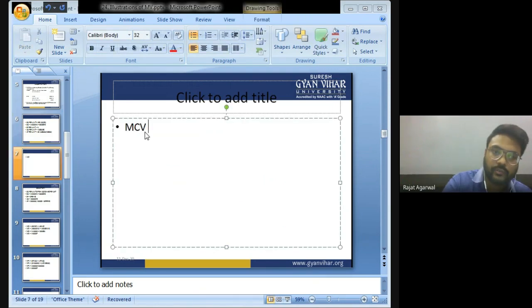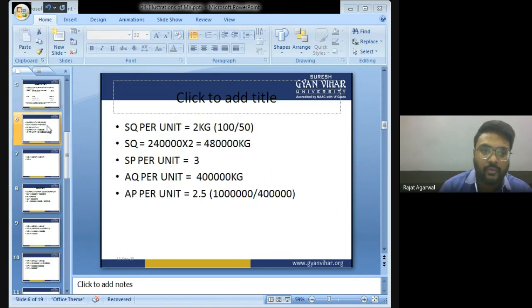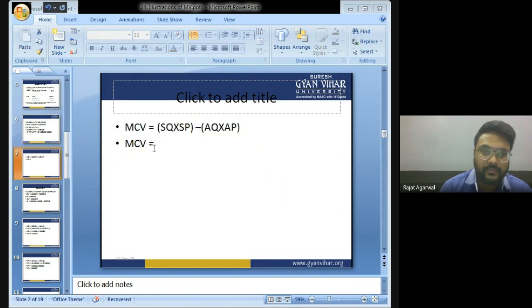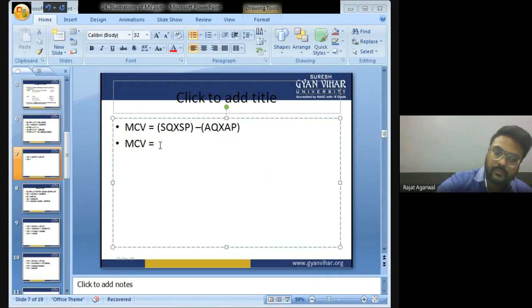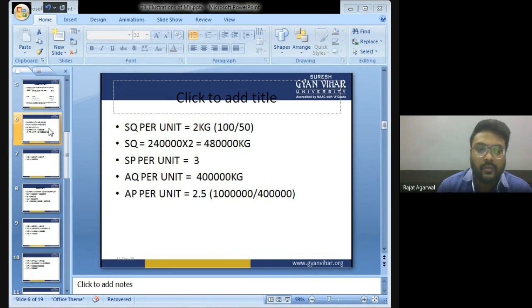Material cost variance. Formula is standard quantity into standard price minus actual quantity into actual price. Standard quantity is 4,80,000 kg.